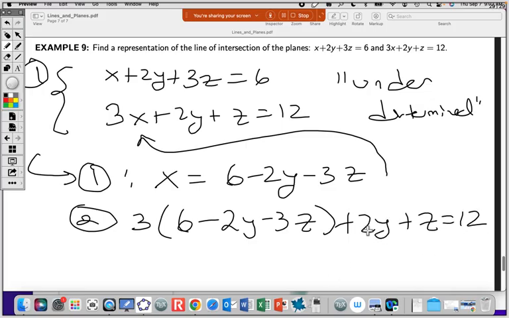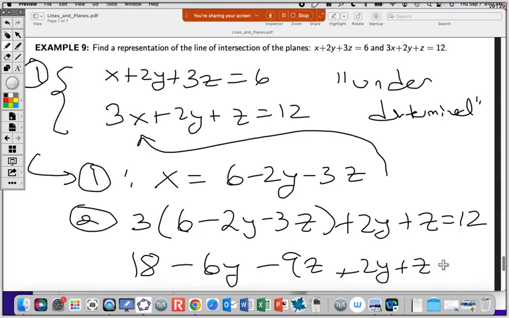This will give me a relationship between y and z. If I distribute that 3 through, I get 18 minus 6y minus 9z plus 2y plus z is 12. Now we can solve for either y or z in terms of the other variable.